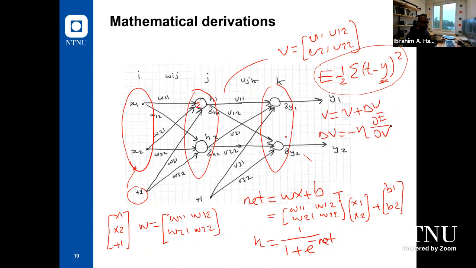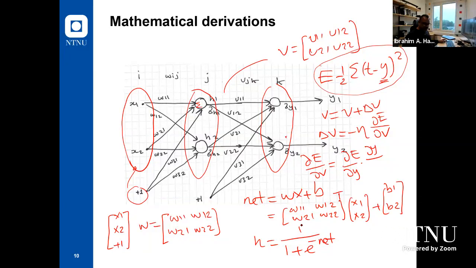How can we get partial E by partial V? It's easy. We need to use something called the chain rule. So partial E by partial V, because there is no direct connection between E and V, we will take it step by step using this chain rule. So first I will get partial E by partial Y, and I will multiply it by partial Y. Y is the activation function.